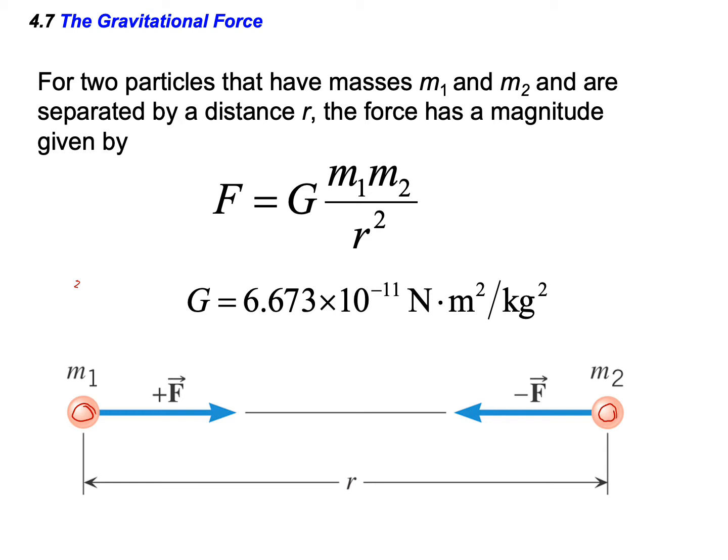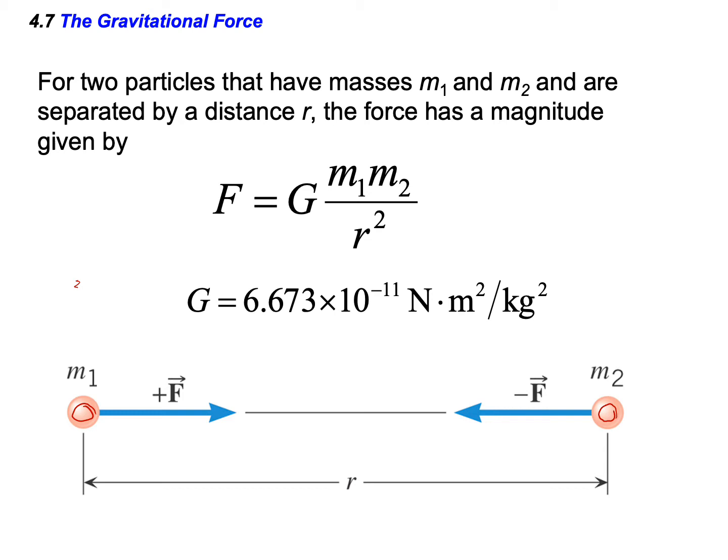So from Newton's law of universal gravitation, we can calculate the magnitude of this force. The magnitude of this force is given by this equation. Force F is equal to some constant times, G, the gravitational constant, 6.673 times 10 to the negative 11 Newton meter square over kilogram square.